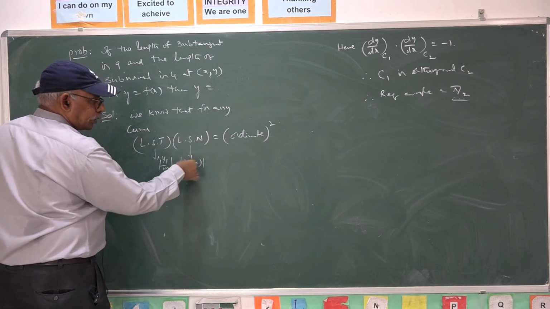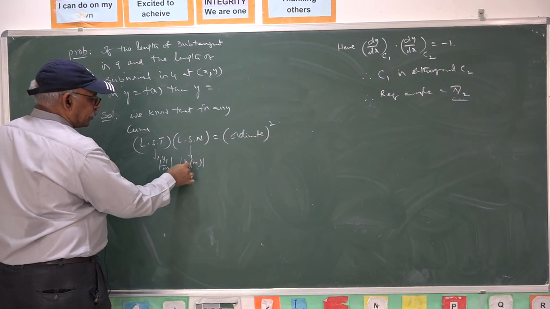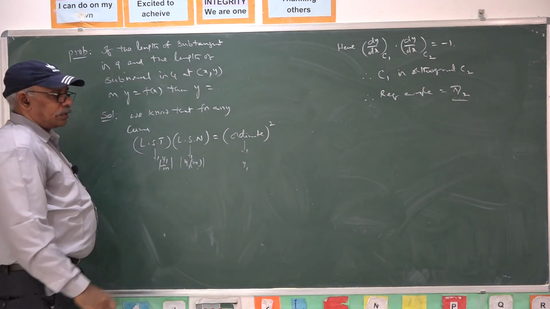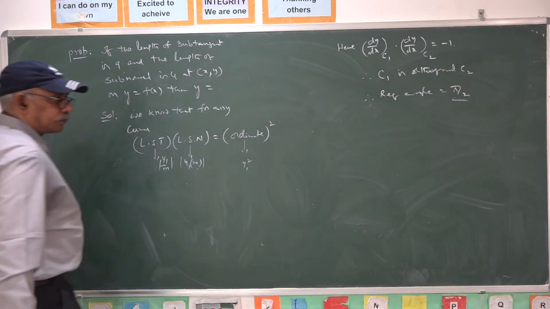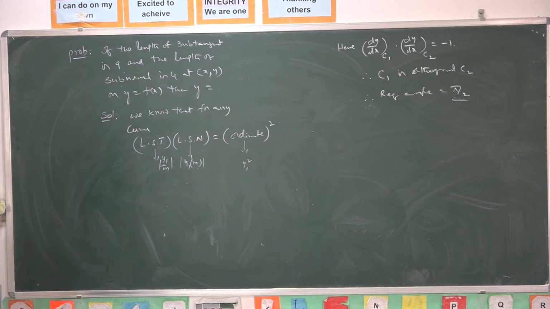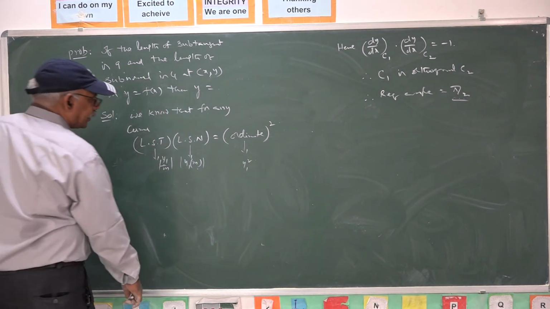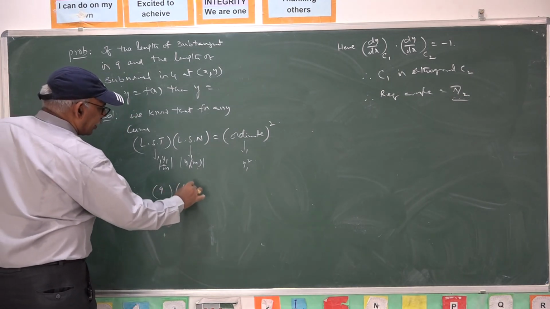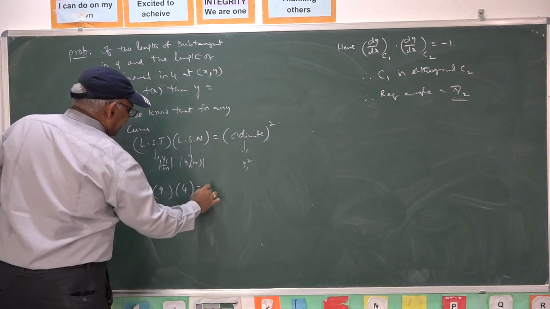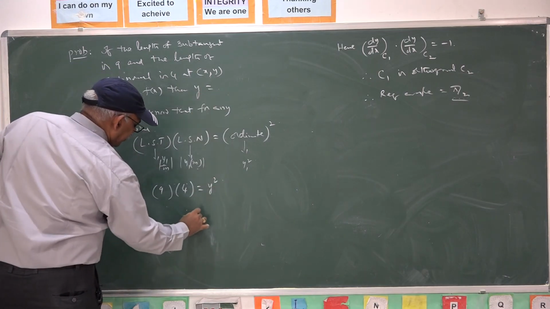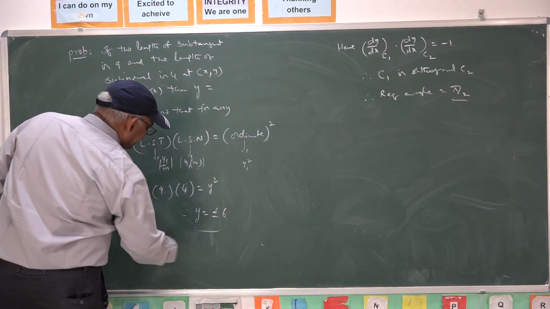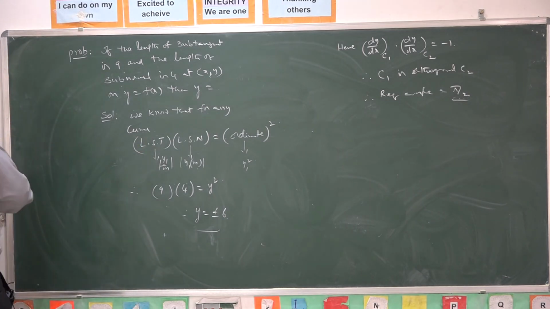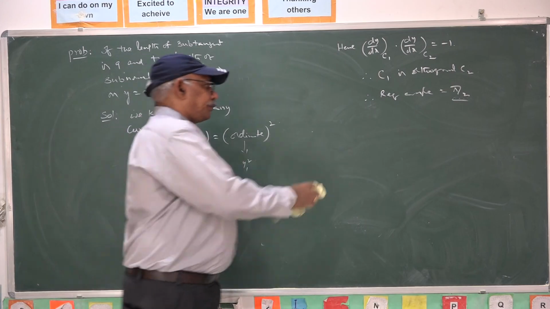Taking the product, m gets cancelled, so y1 square. Hence, length of subtangent into length of subnormal gives us ordinate square. Therefore, 9 into 4 equal to y square. So, y takes the value plus or minus 6. Such important relations are already given to you.